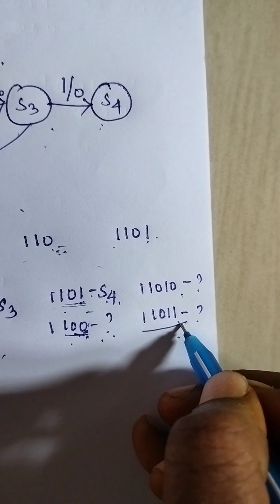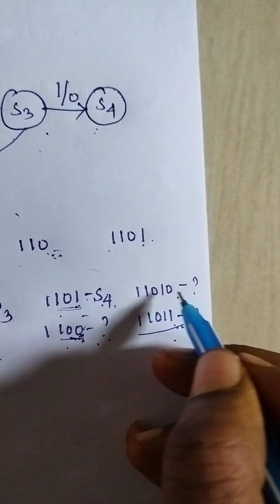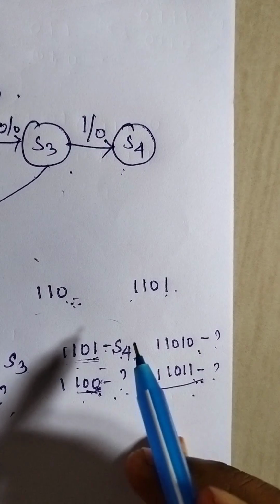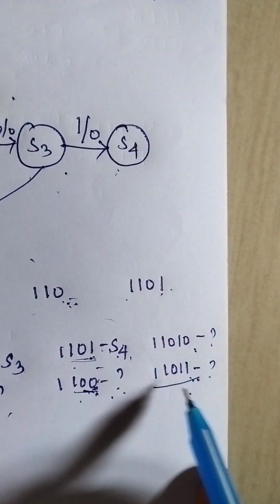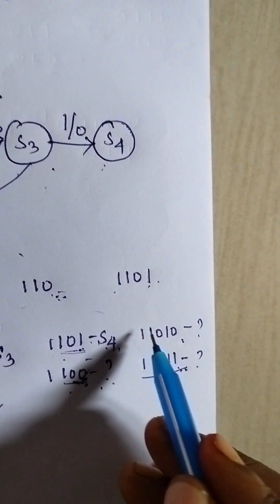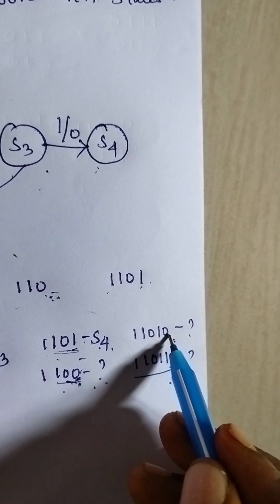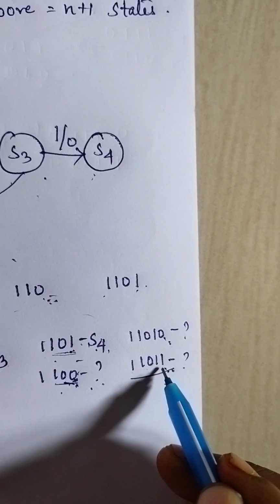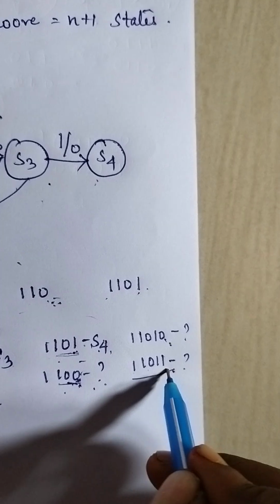Whenever your sequence is completed, my output should be 1. If not, my output should be 0. Just see the last sequence, 11010 or 11011. Whenever you're completing the sequence, my output is going to be 1.